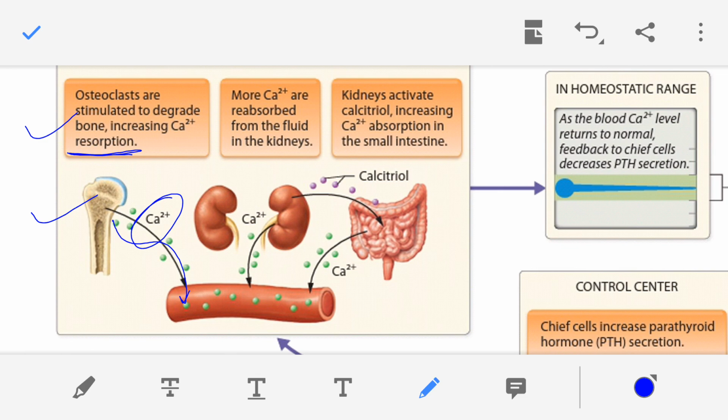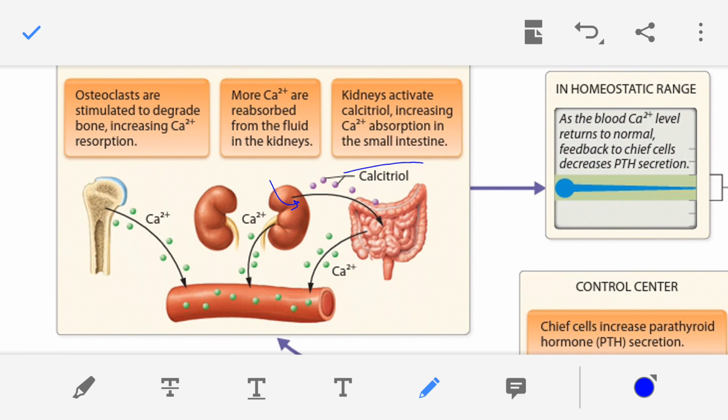Second method that we have studied: PTH acts on the kidney, and Ca2+ is reabsorbed from the filtrate, so the kidney absorbs more Ca2+. Then the third method: in our skin and from food, inactive vitamin D is formed, and in the kidney it is converted into the active form, vitamin D3, by PTH.